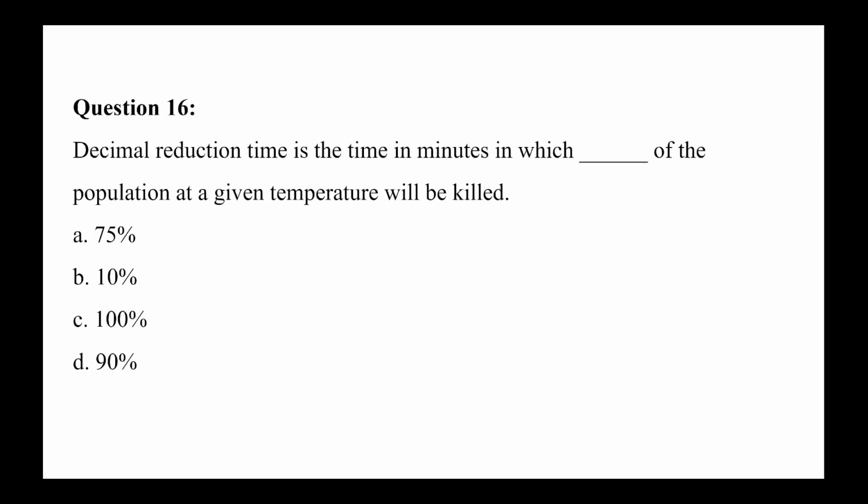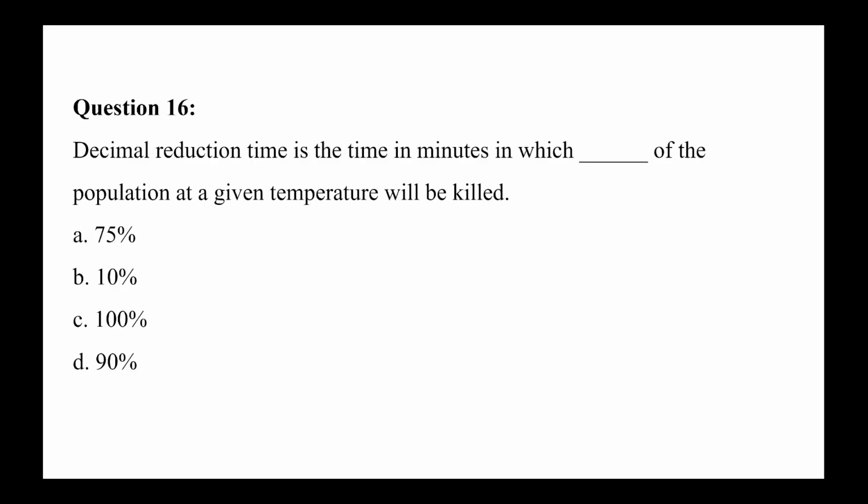Okay. Moving on to the next question then. Decimal reduction time is the time in minutes in which dash of the population at a given temperature will be killed.